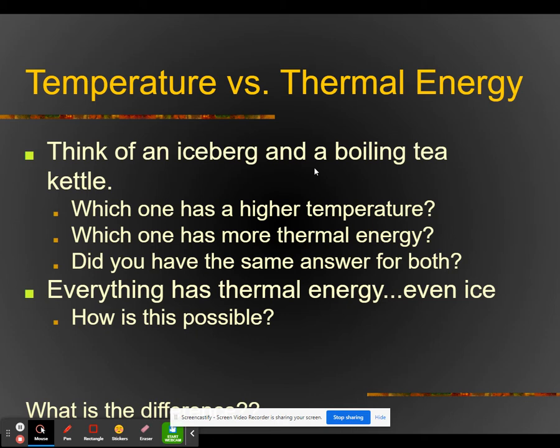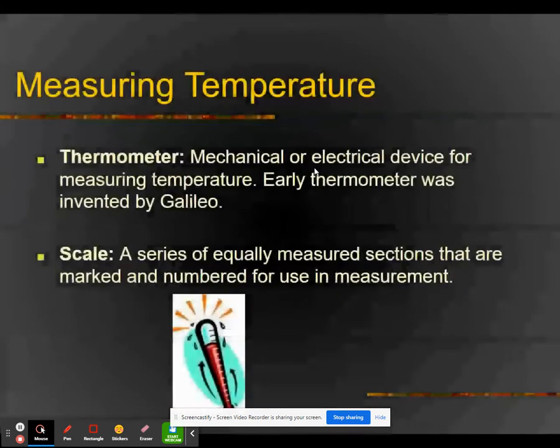I just want you to participate in a way by answering those questions, at least in your head. Okay? Last point, everything has thermal energy, even ice. How do you think this is possible? All right, I'm going to leave you hanging there just for a second. We'll come back to this.